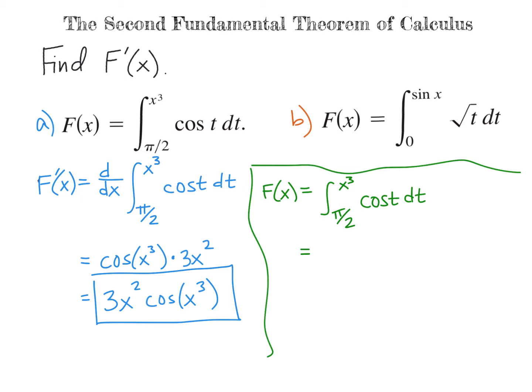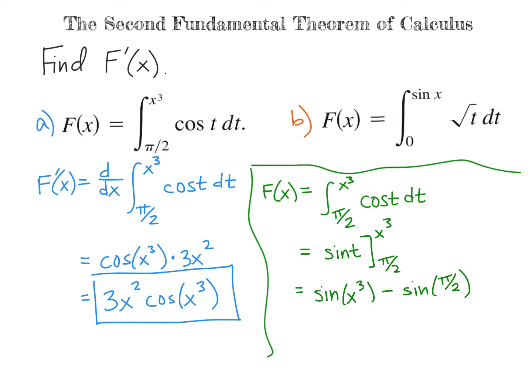So the antiderivative of cosine of t is going to be the sine of t. So this is really the sine of t, and we're evaluating it from x cubed down to pi over 2, which means I'm plugging in first the sine of x cubed, then subtracting and plugging in pi over 2.